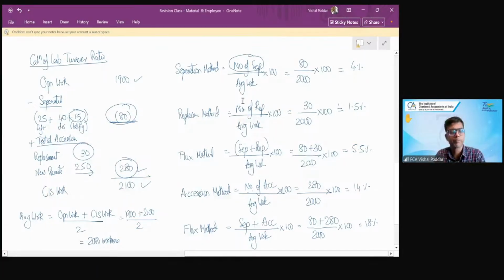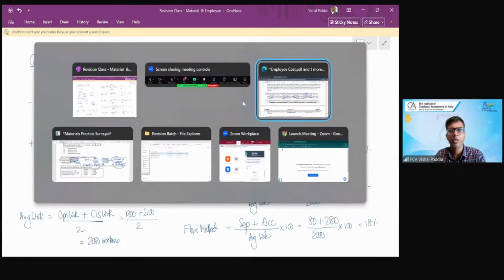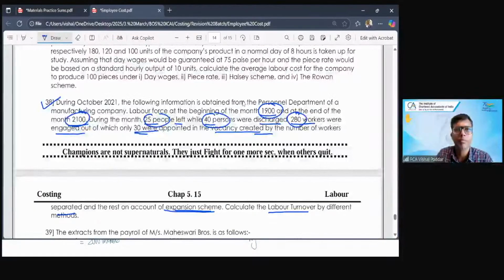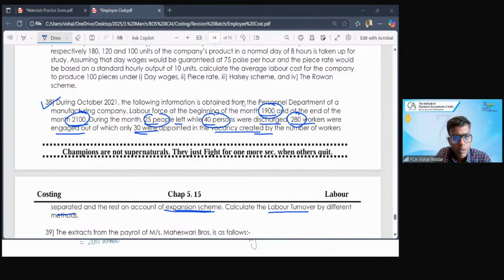Yes, please take a screenshot. Okay, Kirupa said yes, sir. Tejashri said yes, sir. Okay.